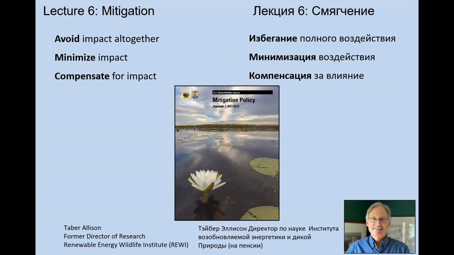Then, if we can't do that, we try to minimize the impact. We do something to reduce the number of fatalities, reduce the impact to habitat. And then if we can't reduce that number, we have to try to compensate. If we kill one eagle or one bat, we have to make a new one somewhere else so that we compensate for these fatalities.